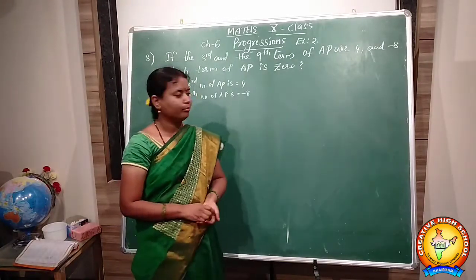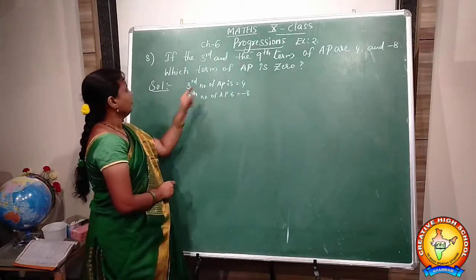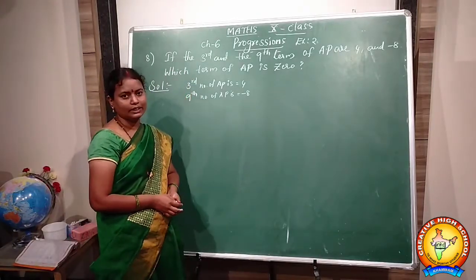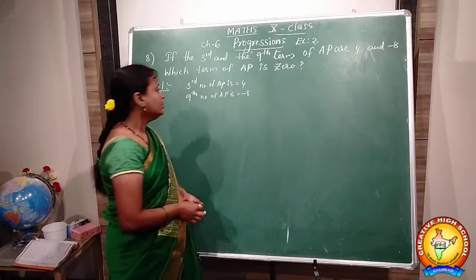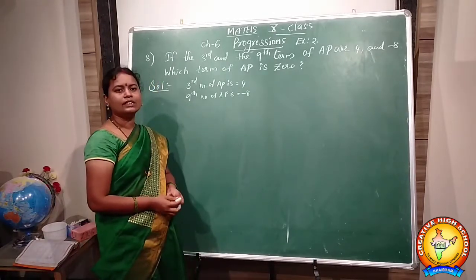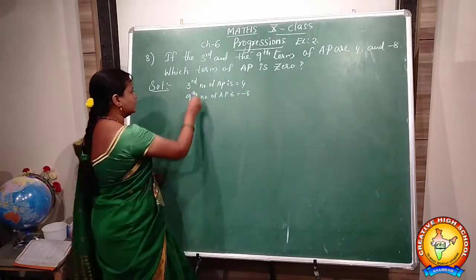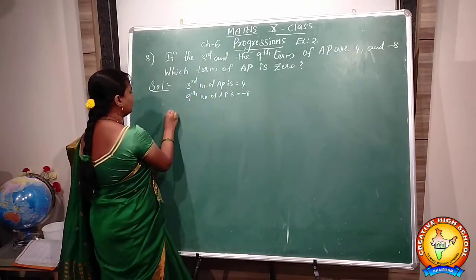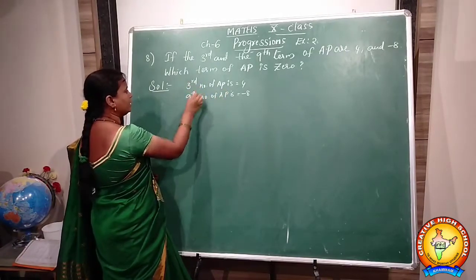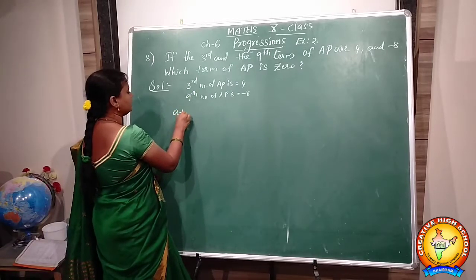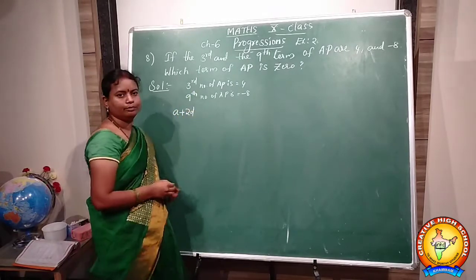See here, we have the formula for the third term in an AP series. To find the third term, the formula is A plus 2D.